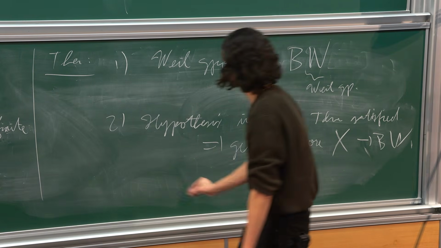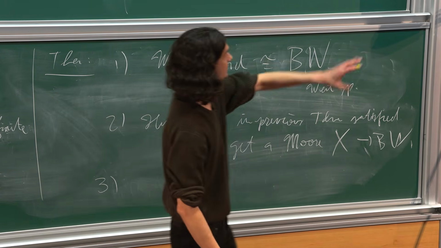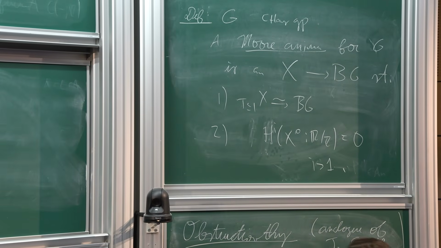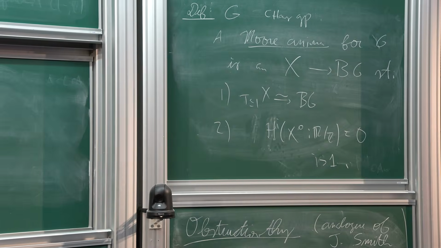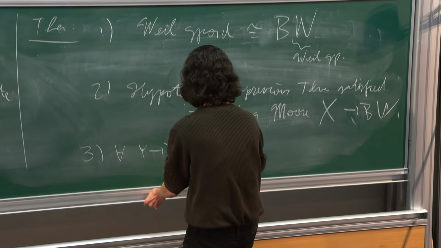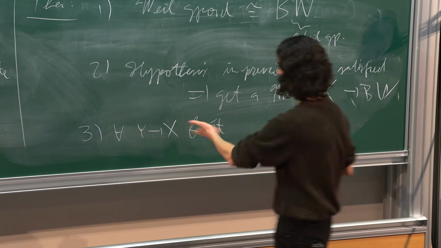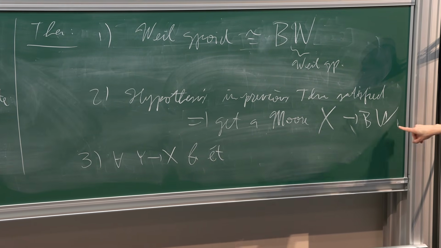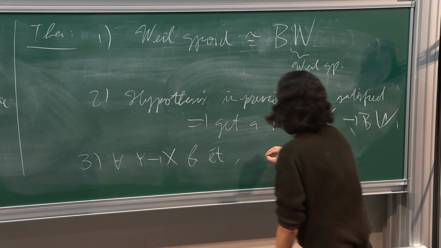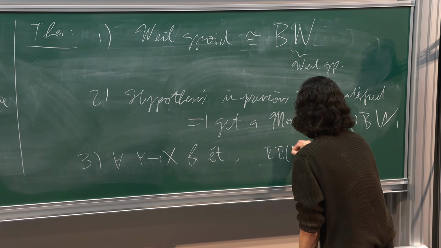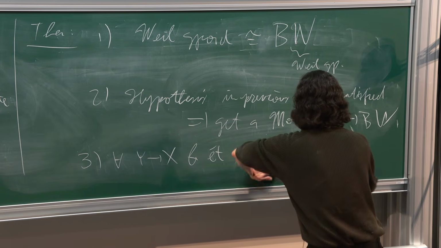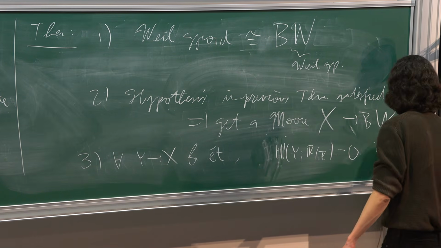And then the third is that it's closely related to the definition, but it's not exactly the definition. For all y to x finite étale, corresponding to just a finite index open subgroup of W, say y is connected, then R gamma y of R mod Z equals 0, sorry, in degrees i bigger than 1.